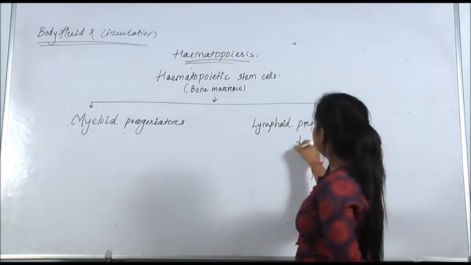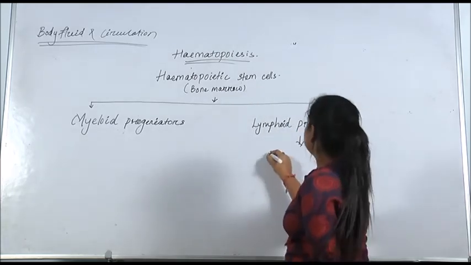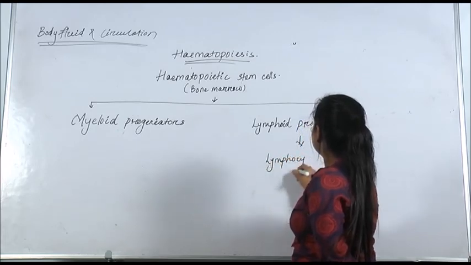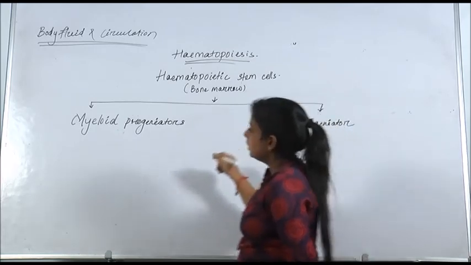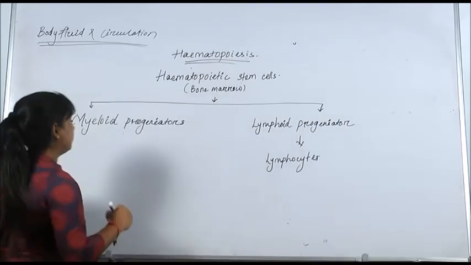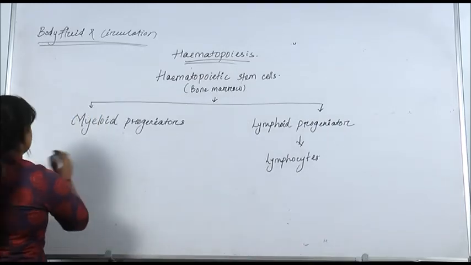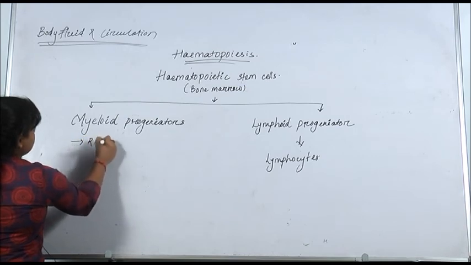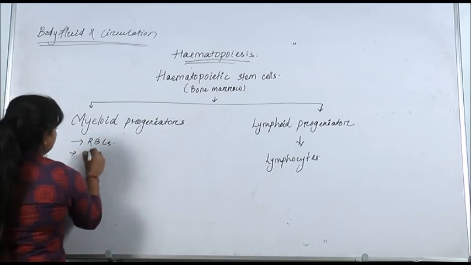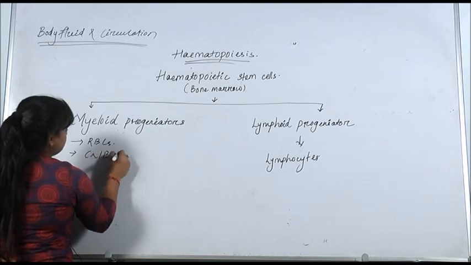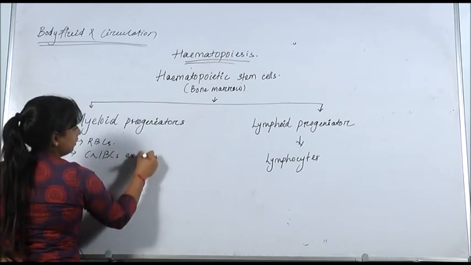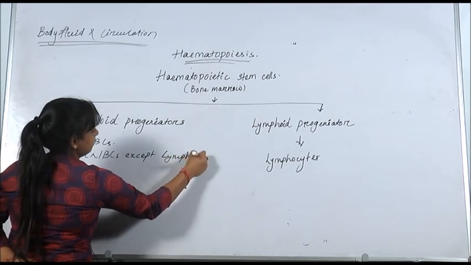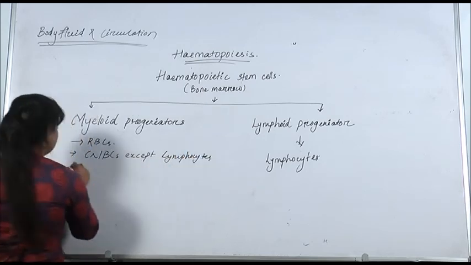These lymphoid progenitor cells eventually give rise to all the lymphocytes, whereas the myeloid progenitor cells give rise to all other kinds of blood cells like RBCs, all WBCs except lymphocytes, and platelets.